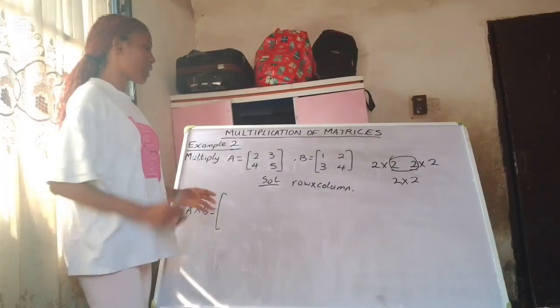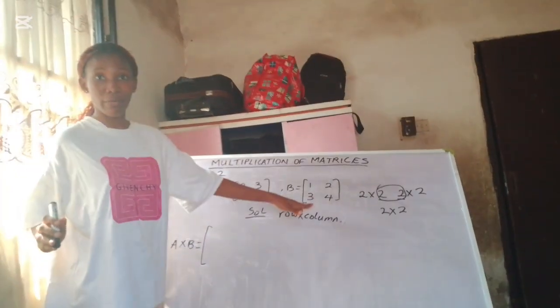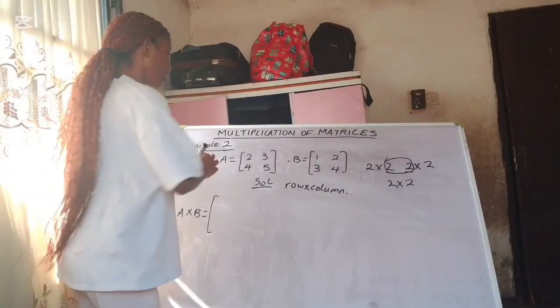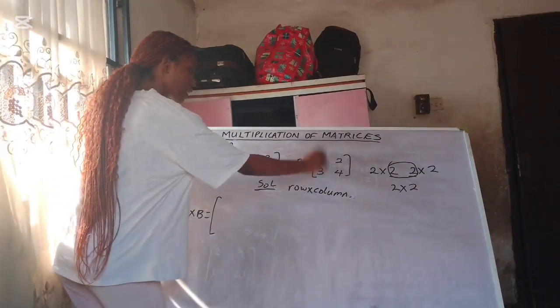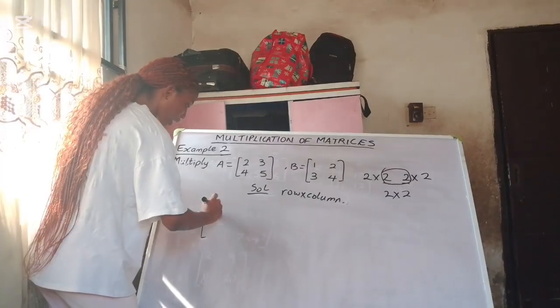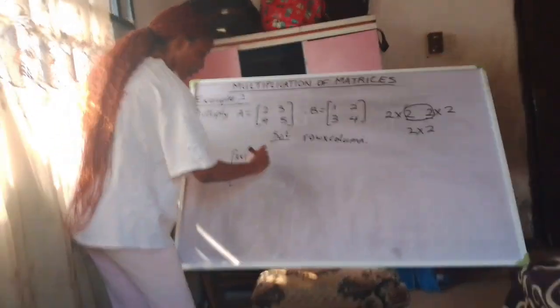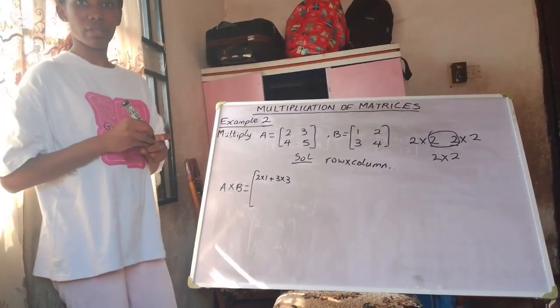Now, what I mean by that is, first of all, you start with the first row in A multiplying first column in B. It will be this times this plus this times this. That is 2 times 1 plus 3 times 3. This is your first entry.